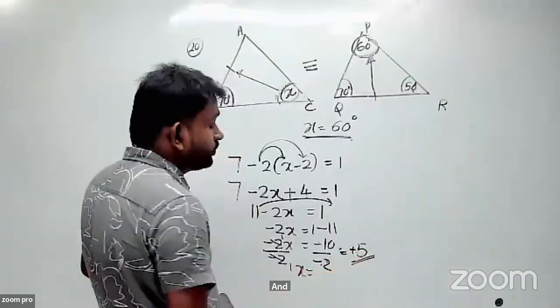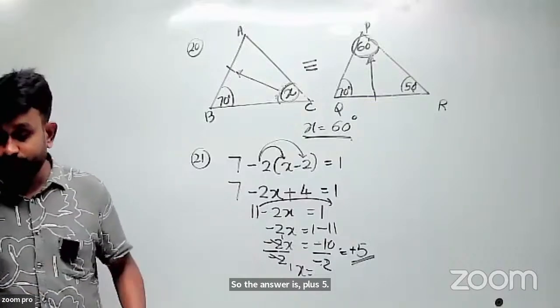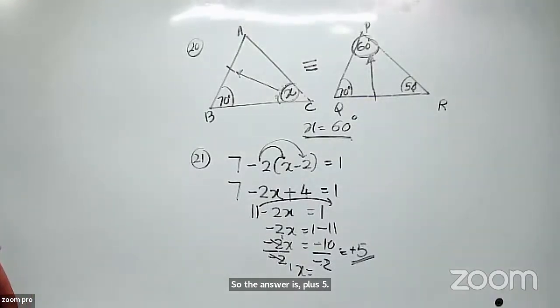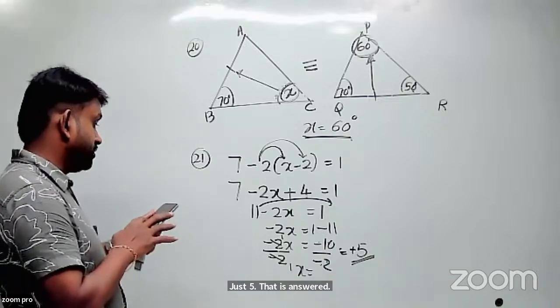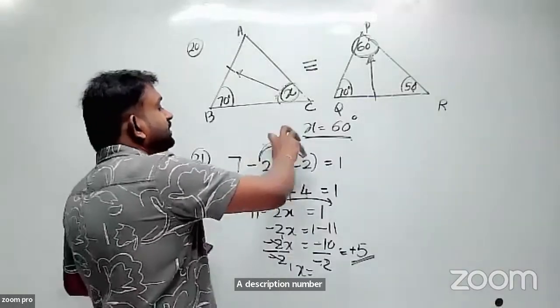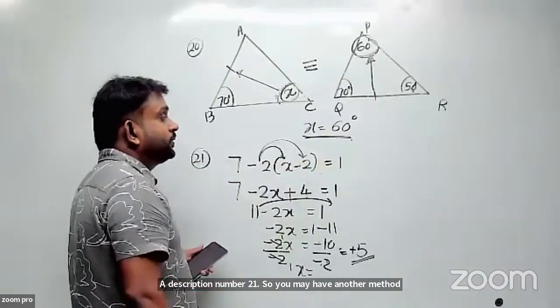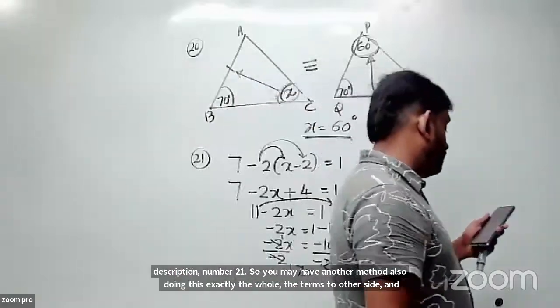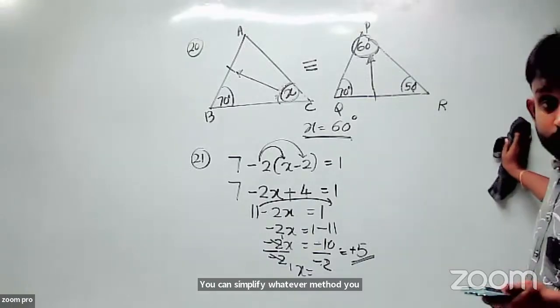So the answer is plus 5. Just 5, that is the answer. Okay, write it down. That is question number 21. You may have other methods also. You can bring the terms to the other side and bring 1 there, and simplify by whatever method you like. If the answer is okay, no problem.